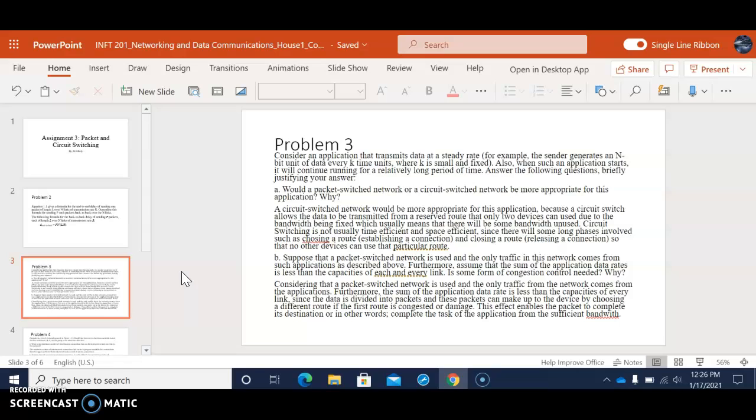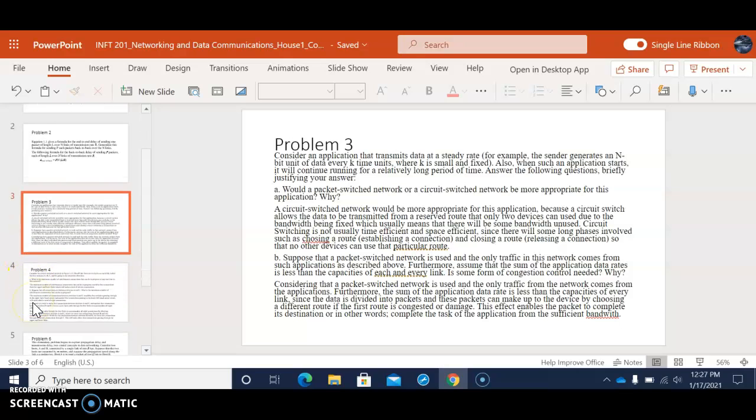Because if the route they choose first is congested or damaged, the packet chooses another route to get to the destination, which is the other computer. This helps complete the task of the application, with the packets going to the destination over sufficient bandwidth.